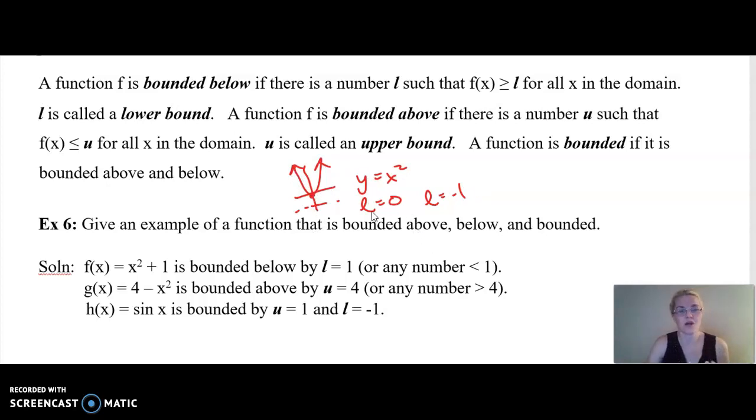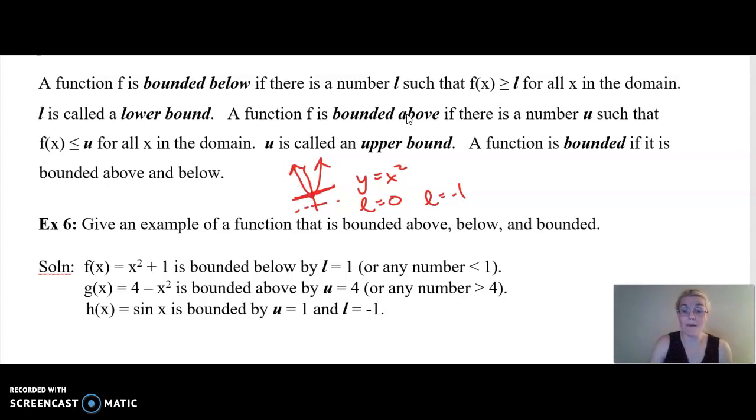So there's this other thing called the greatest lower bound, which basically is the lower bound that you would think of. So just be aware, there's this thing called the greatest lower bound. That means the biggest thing that is still less than all of your function's y values.